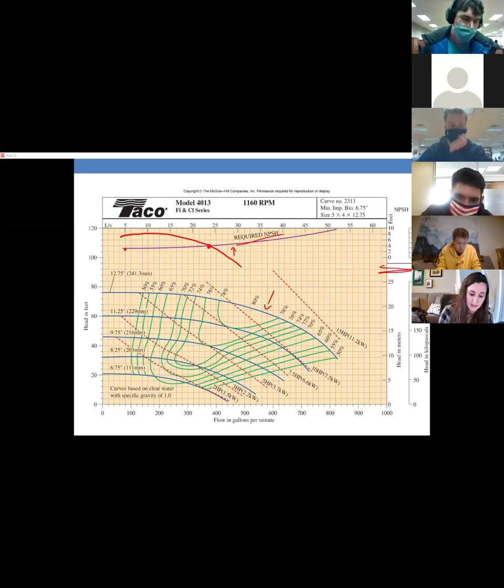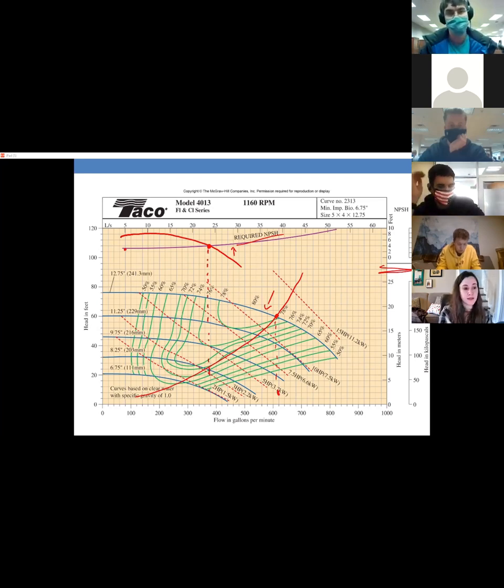Then I would draw a system curve, and if it looked like this, the operating point would be beyond the point where cavitation is happening. So this would be bad. I wouldn't want to use this pump for this system if it looked like that.